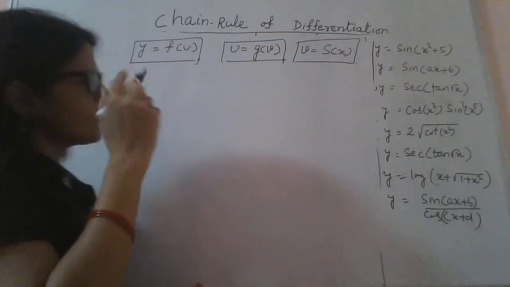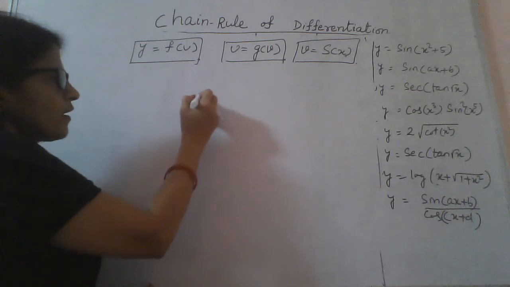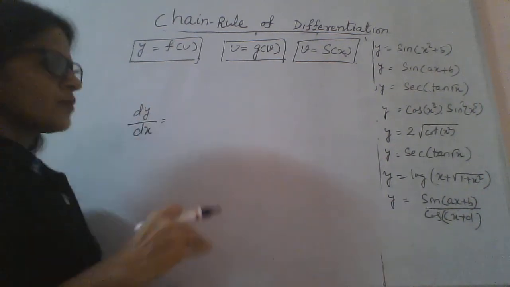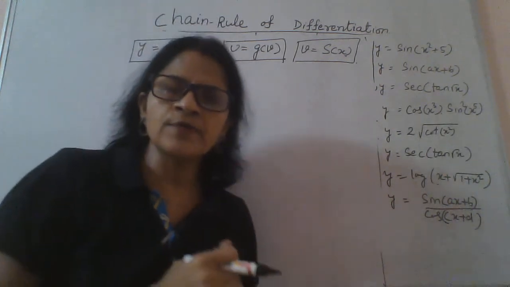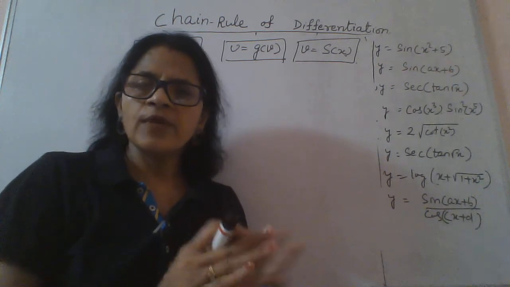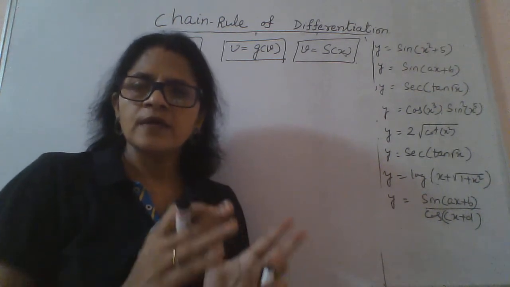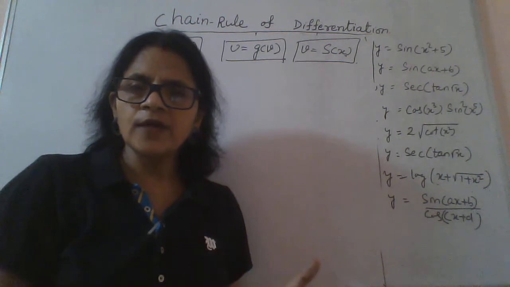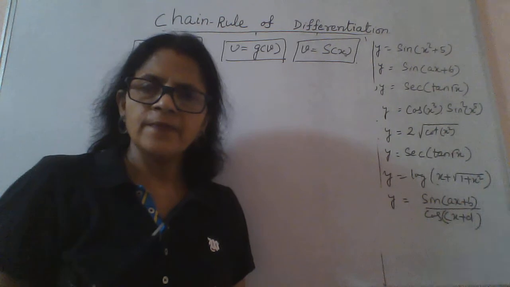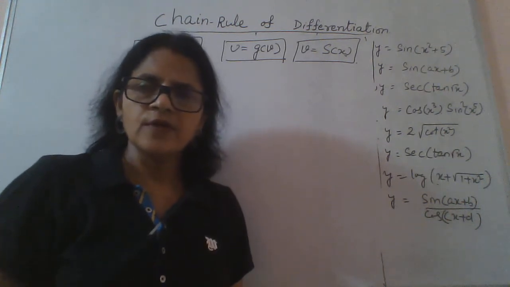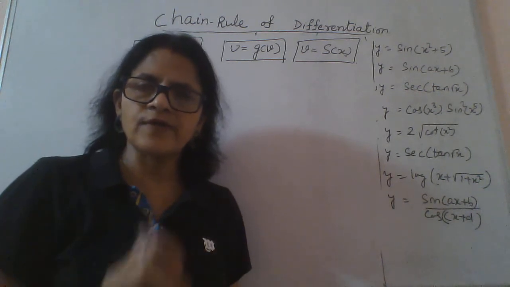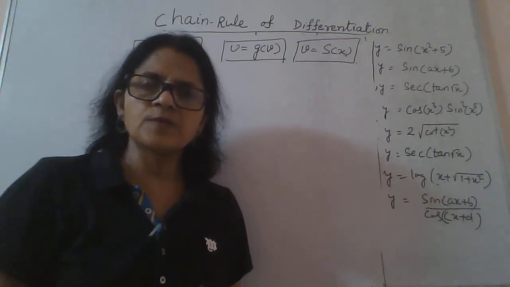Now my question is, find dy by dx. When you want to apply any formula, with respect to x we have used a function of x: dy dx of sin x, dy dx of cos x, dy dx of tan x, any formula we have taken in class 11th. So we have used the formula with a direct function, with respect to that variable.